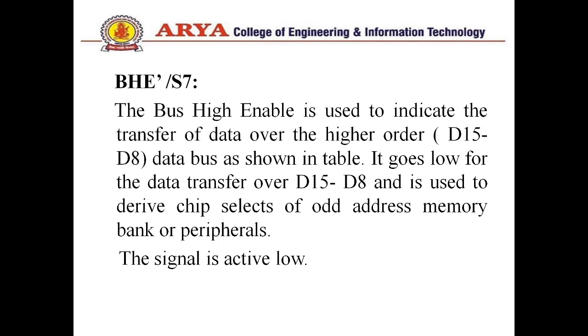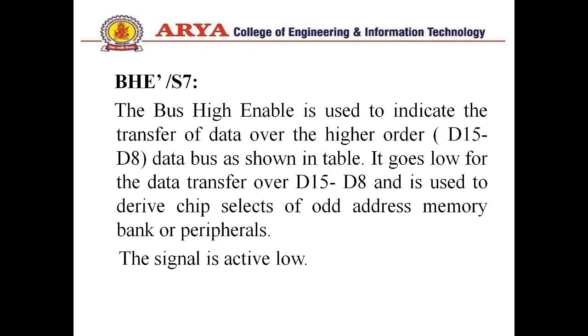It goes low for the data transfer over D15 to D8 and is used to derive chip selects of the odd memory address bank or peripherals. BHE is low during T1 for read, write, and interrupt acknowledge cycles.